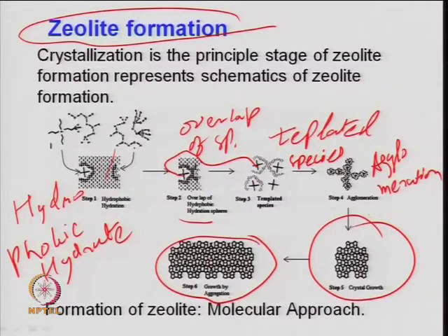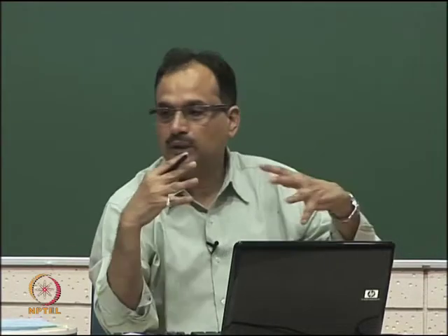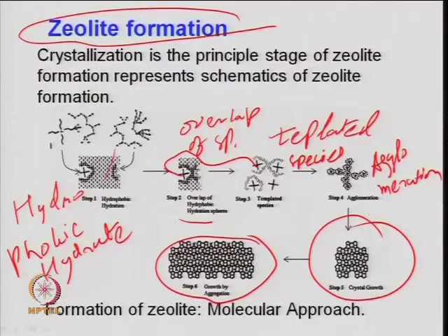So, growth of the crystal by aggregation. Now the structure is building, it is a kind of condensation. Water is being removed and they are coming closer and closer, right. So, depending upon the structure building agent, you have a growth of the crystal, right.